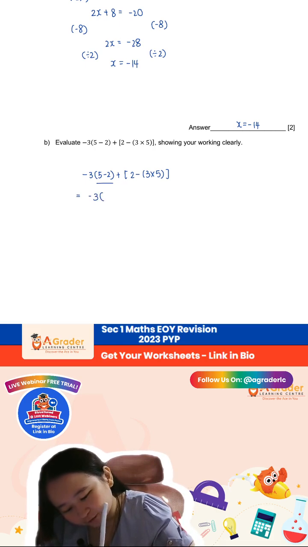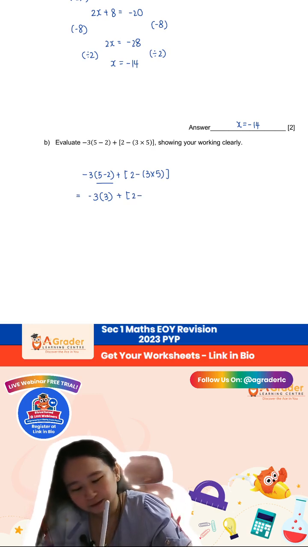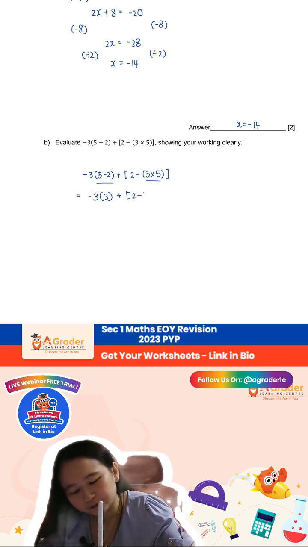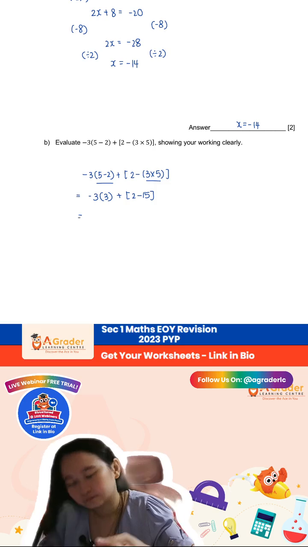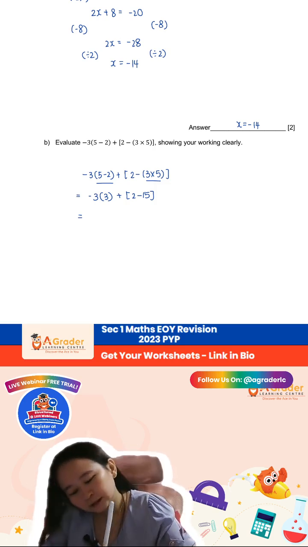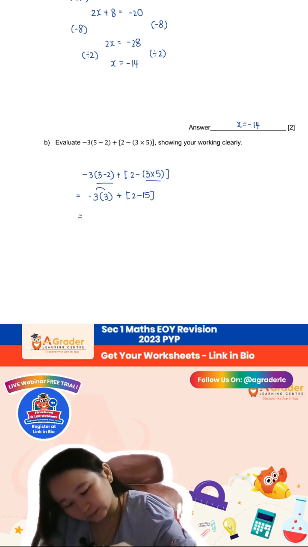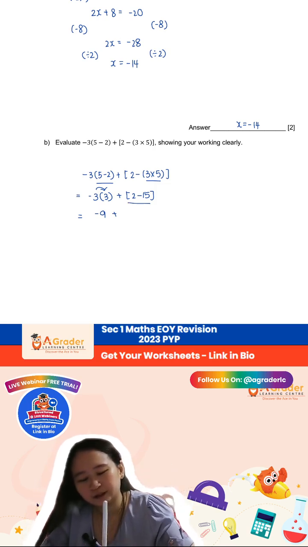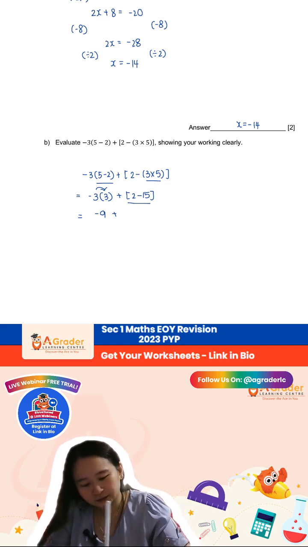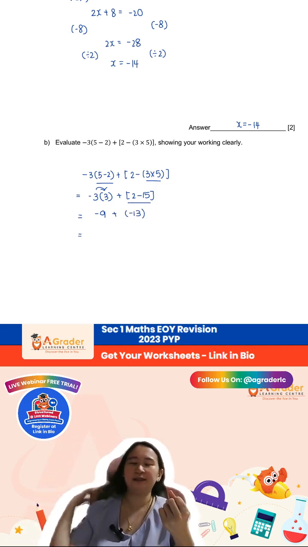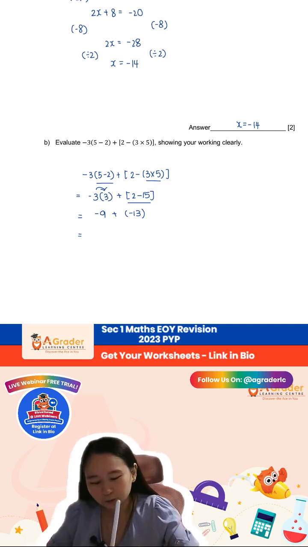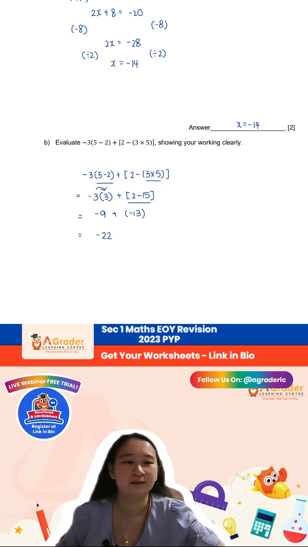So we have negative 3 times 3 plus 2 minus, we can deal with this bracket also. 3 times 5 is 15. Next, negative 3 times 3, we have negative 9 plus 2 minus 15 is negative 13. So we are left with negative 9 plus negative 13. Yeah, those who got negative 22 is correct.